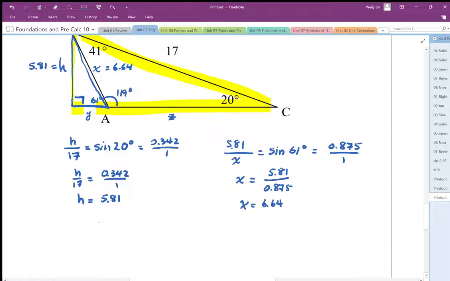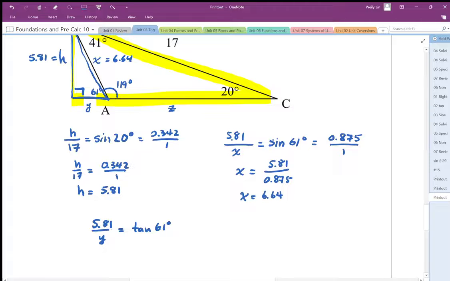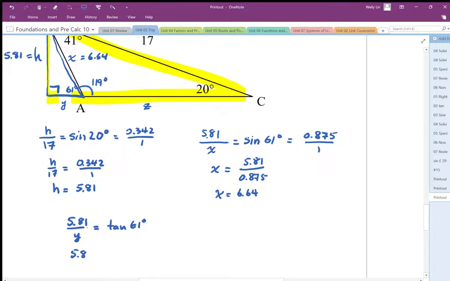So I'm going to use that blue triangle again. I'm going to use the adjacent side y, and this time the opposite side, 5.81. Oops, sorry, that's not going to work. I need to use a ratio that will work. So opposite, 5.81 over y, gives me my tangent ratio of 61 degrees. Again, I'm just going to cross multiply this. I could have used the cosine ratio here, since I do have adjacent and hypotenuse, but I'm just going to use the tan ratio.